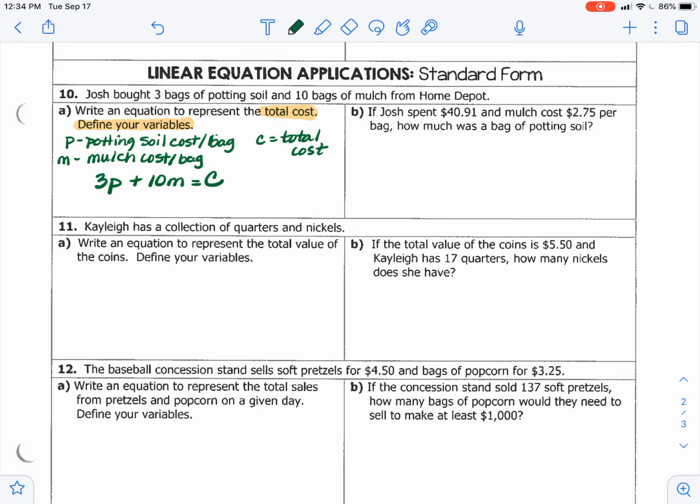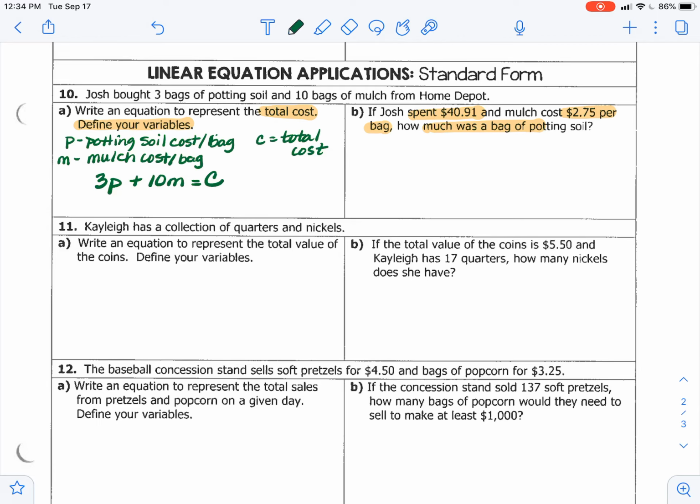So let's go ahead and just look at what we got here. So it says that Josh spent $40.91, and we do know the cost of mulch is $2.25 per bag. We want to know the cost per bag of potting soil.